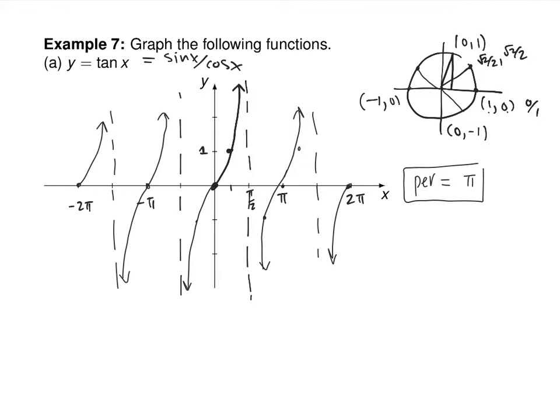It has a shorter period than a sine or cosine function, right? You see that? Okay, so there's tangent's picture. Did I do logical and make cotangent next? Yeah, okay. So cotangent will be a little bit different because instead of being sine over cosine, it's cosine over sine.